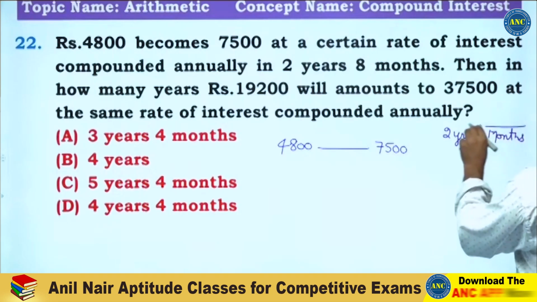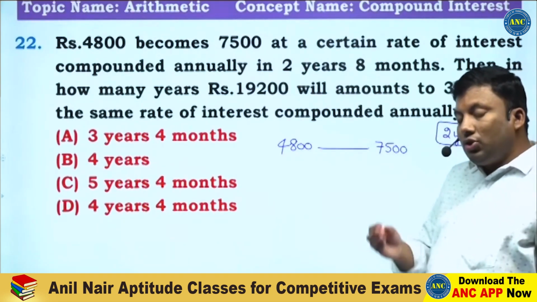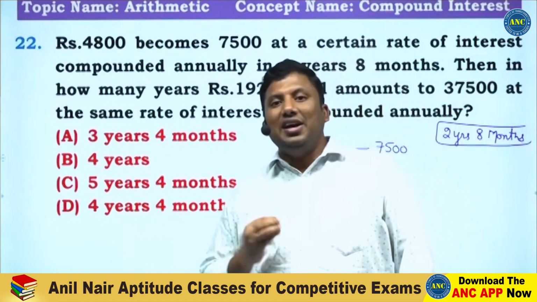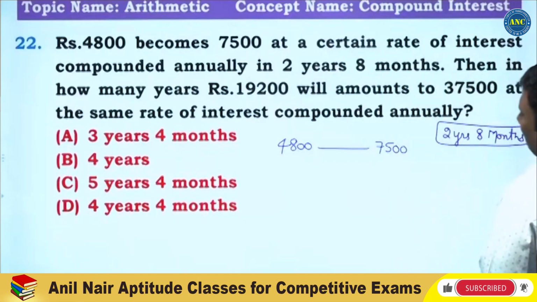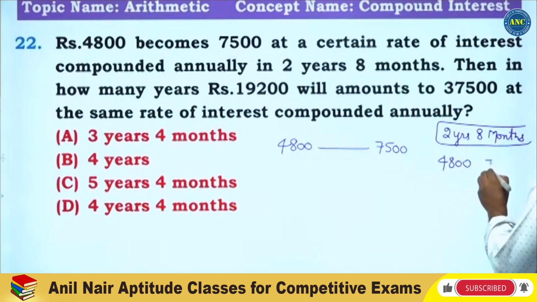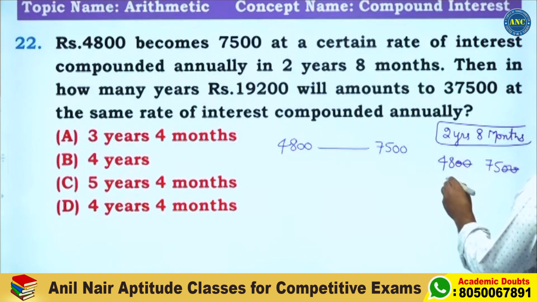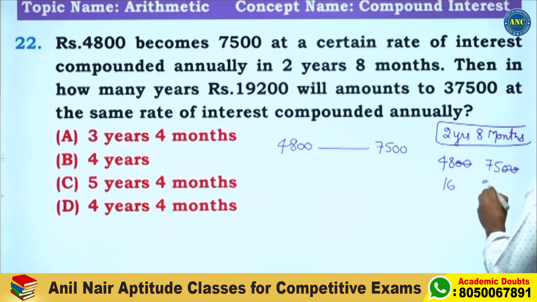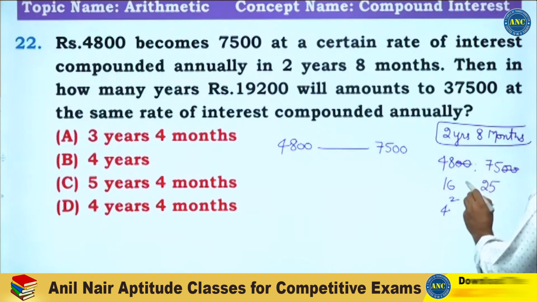First let us see whether this time period should be equally distributed. For us to know whether the time period is equally distributed or not, we have to find out the scaling factor. What is the scaling factor? 4,800. Next is 7,500. Cancel the zeros. It is 16 and 25. It is 4 square and it is 5 square.